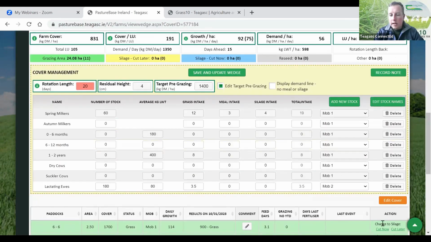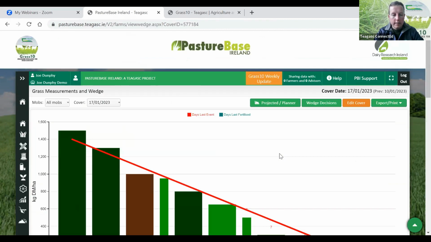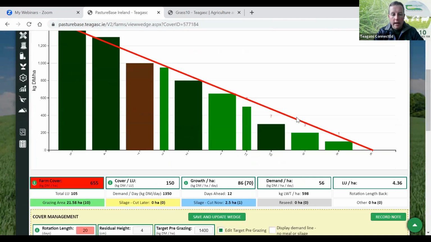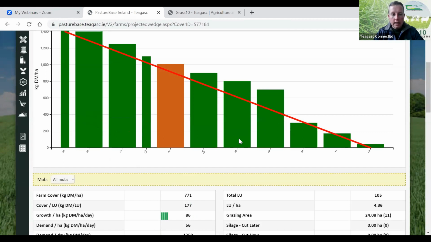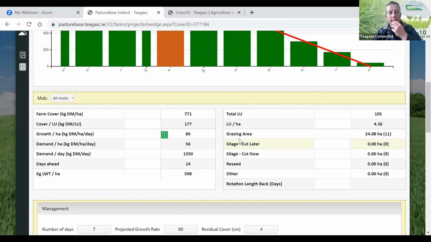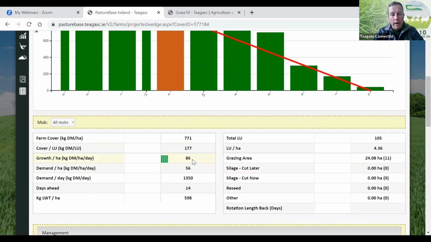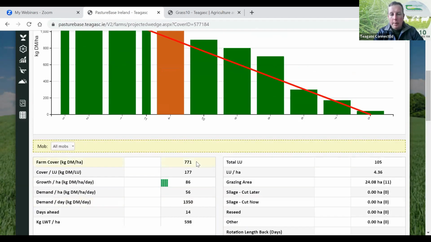Sorry, I'm just going to go back to taking out this paddock first of all, and I'm looking at everything as a whole on the farm. If I go to the projected planner, I just want to show where people can update the growth rate. The growth rate that was on the farm last week is carried through to the following week when it projects the planner. However, PastureBase works off the demand that you have for your livestock, and it tells you how many paddocks should be grazed by that stage.